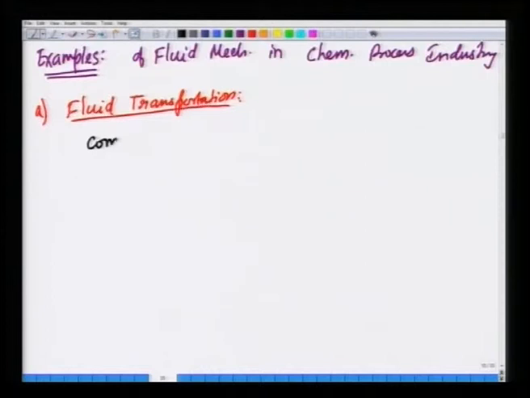These are the pipelines that take the raw materials from a source and pump it to various unit operations and then to a reactor and then finally take the product away to the final stage. So, first thing to understand in a chemical process industry is how to transport fluids from one place to another.